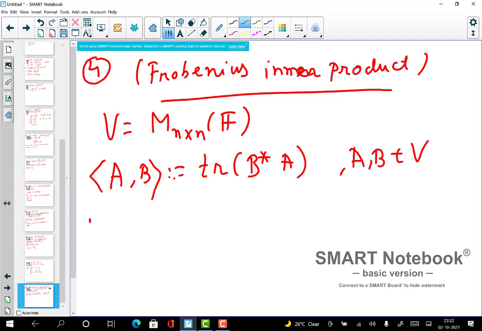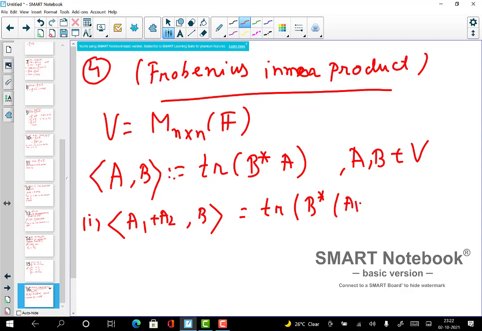For property number one, you start with A1 plus A2 and then B. By definition this is the trace of B star of A1 plus A2. You know that matrix multiplication and addition distribute over each other, right?